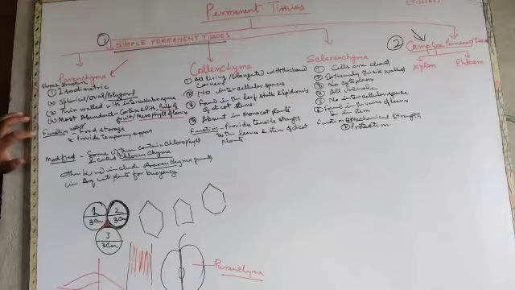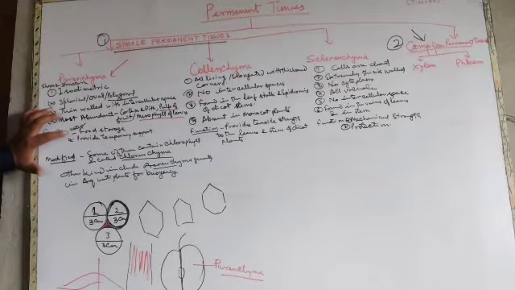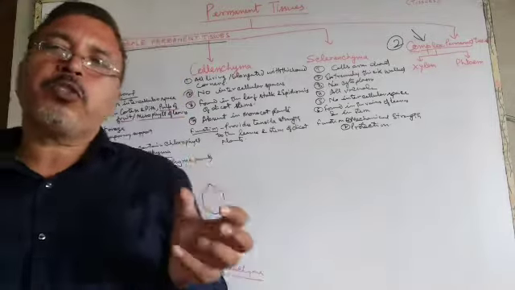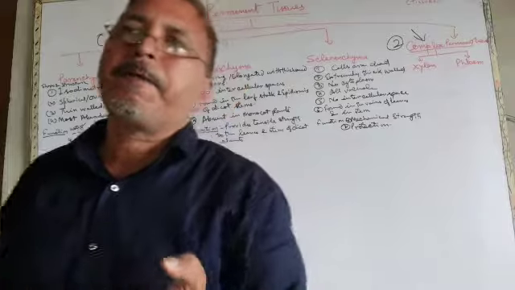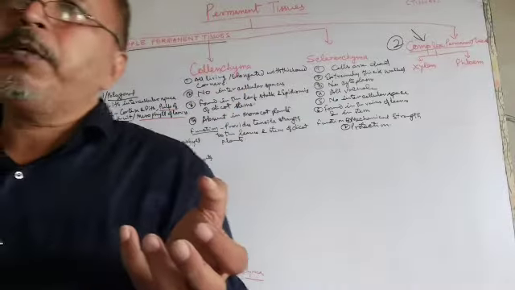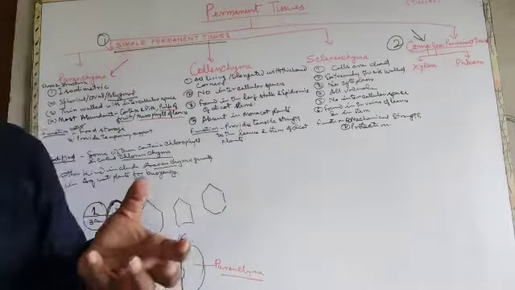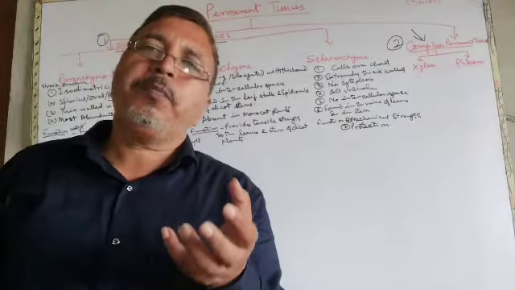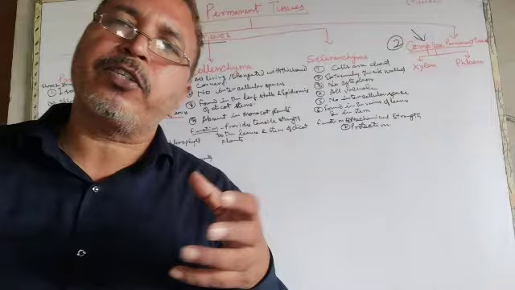Now regarding its function, what all functions does this parenchyma carry on? The main function is storage of water and food for the plant, food to be used by its different parts, right? So in a plant, the food is stored in the form of starch or glucose or polysaccharides or different kinds of sugars.